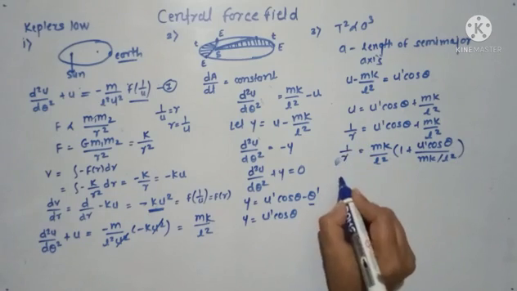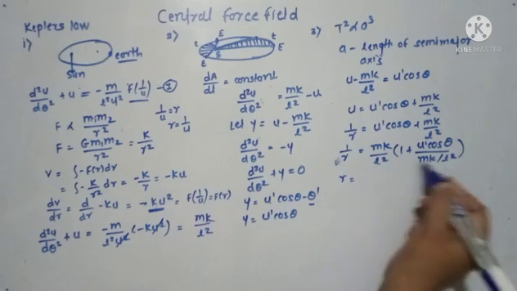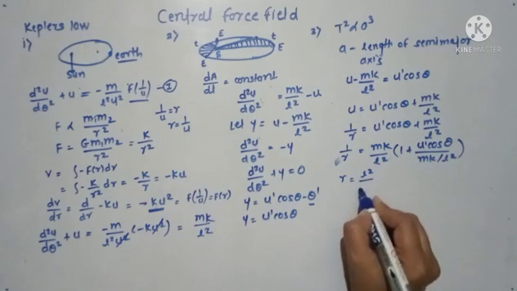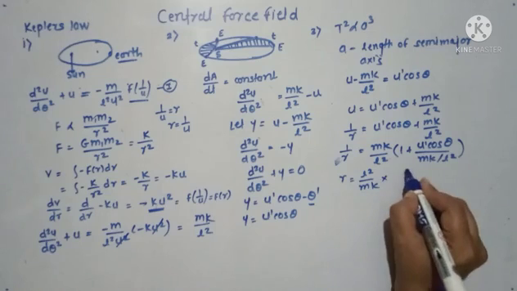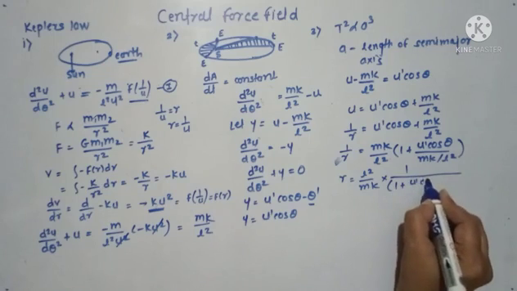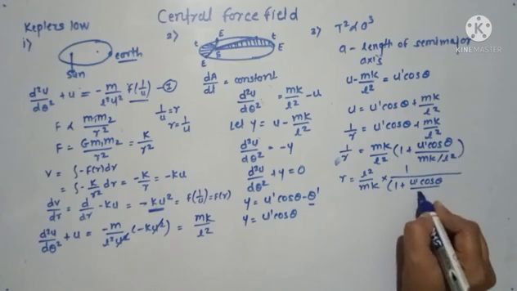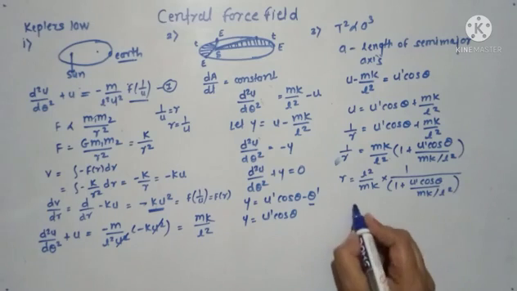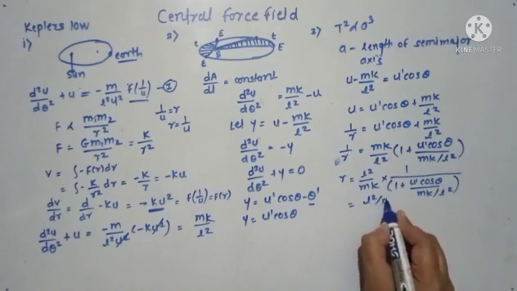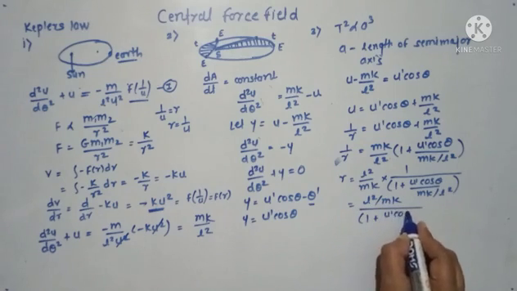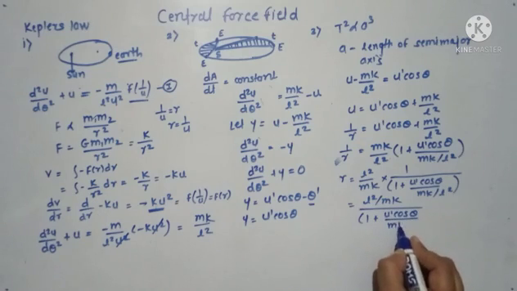If I take r, everything in the denominator will go in the numerator. So it will be r = (L²/mk) divided by (1 + u' cos θ/(mk/L²)).